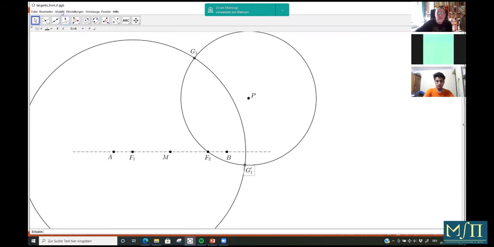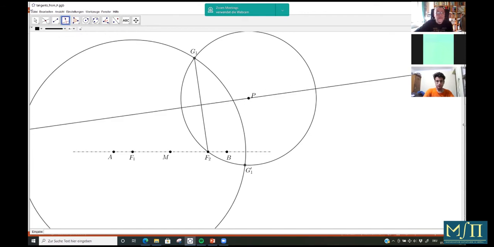Now I can either draw this line segment and then determine its midpoint and join the midpoint with P, or I can immediately draw the line perpendicular to this line segment through P. Of course, P has to lie on the bisector because the distances from P to F2 and from P to G1 are equal. That's the whole reason that we used the circle over here. So if I simply draw the line perpendicular through P, I obtain the first tangent that I need right here.